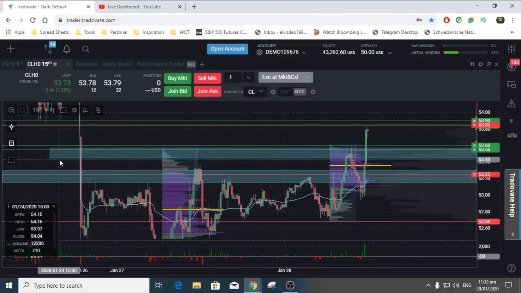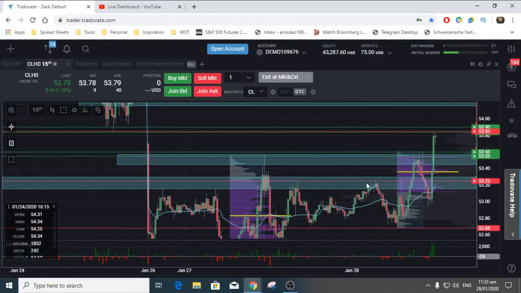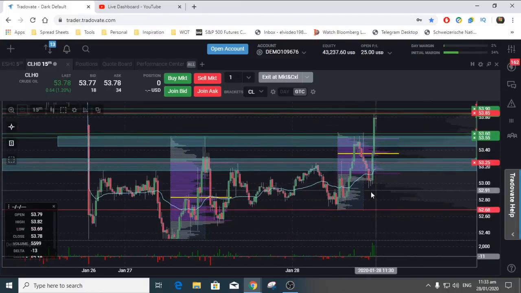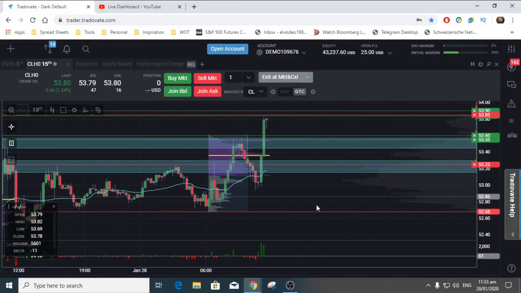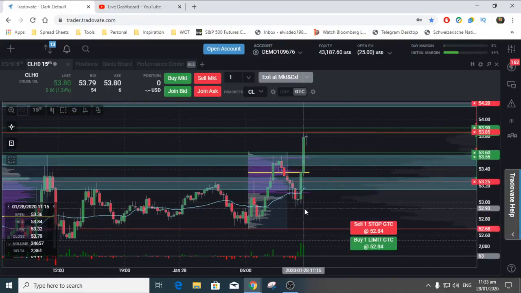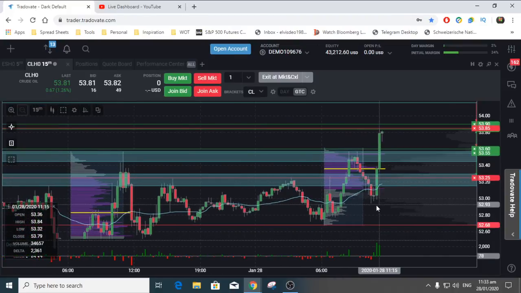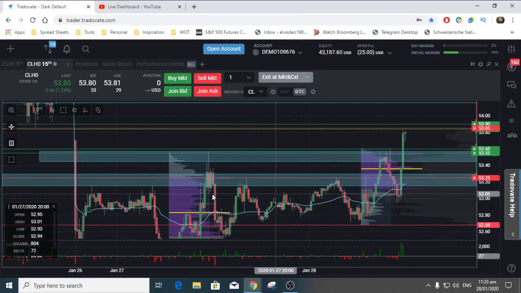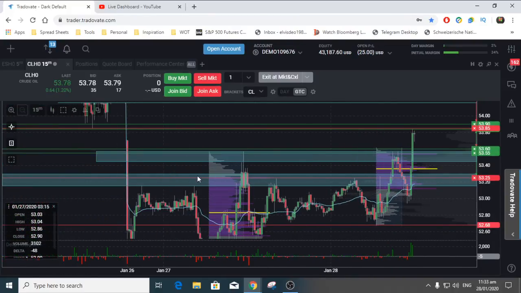The momentum is here, right there. Because being late is like having a loss on the board. You know exactly which way that stop landed right there at that 53.25 level.